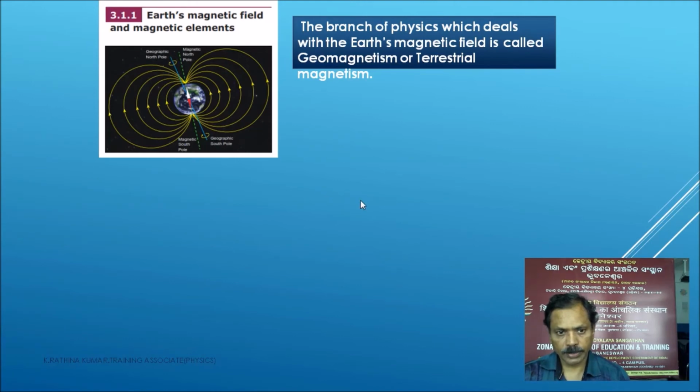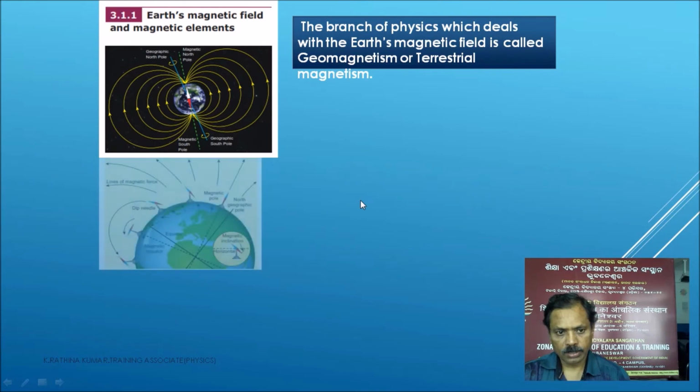It's written here. And this diagram represents the magnetic inclination, horizontal magnetic field, geographical north, magnetic pole, lines of magnetic force, dip needle, the magnetic equator and the equator.